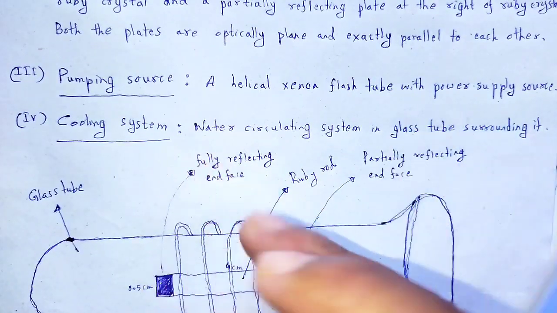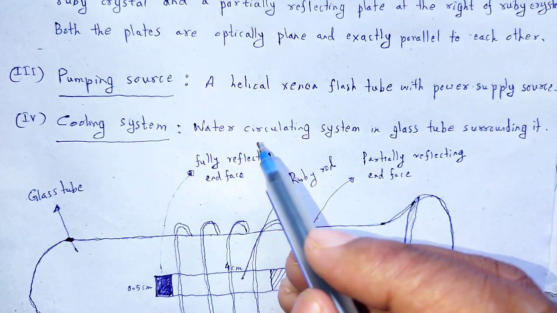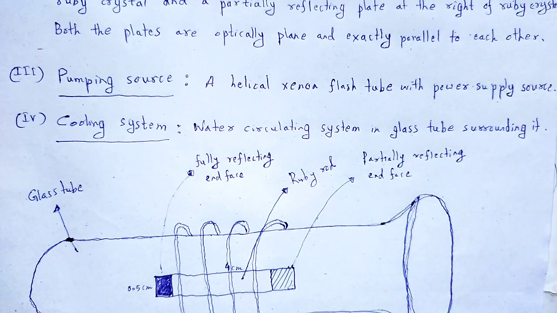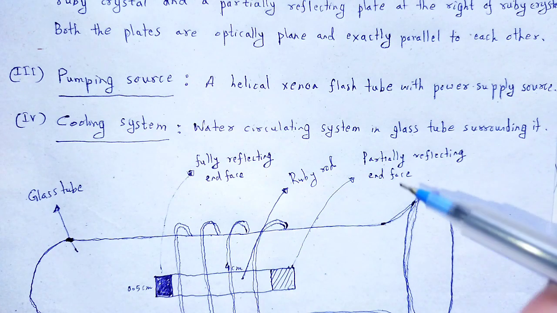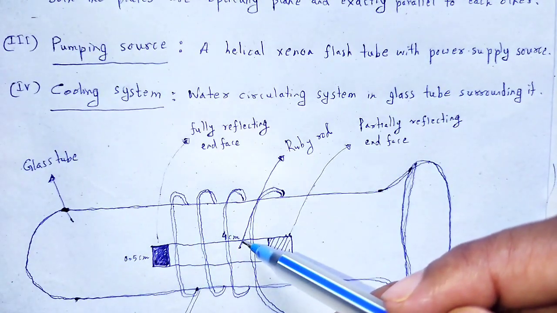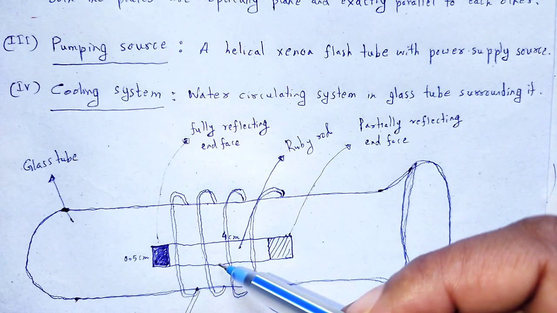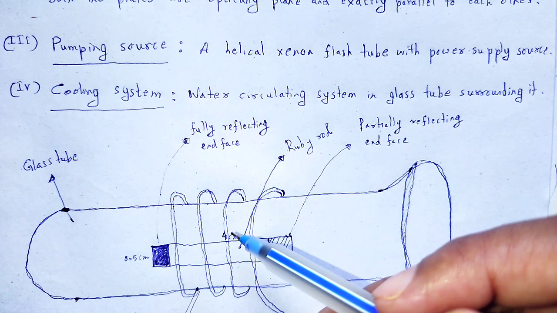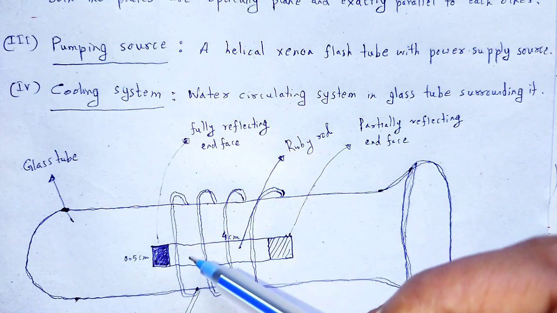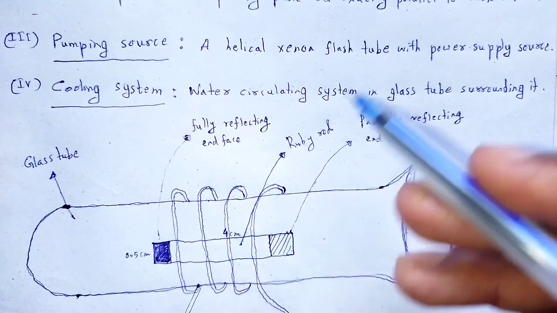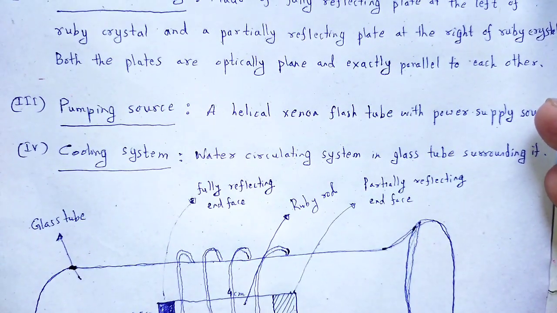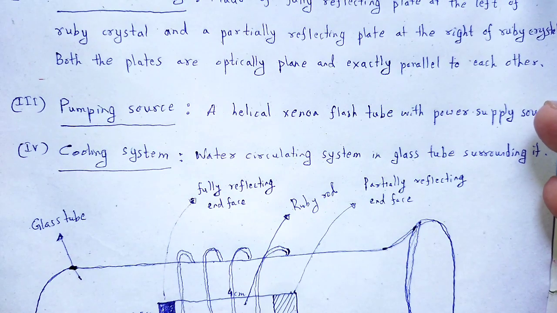Next, cooling system, a water circulating system in a glass tube surrounding it. Why is the cooling system used? Since the ruby rod is surrounded by a helical xenon flash tube, which provides the flash lamp used for pumping, heating occurs due to the chromium ions.